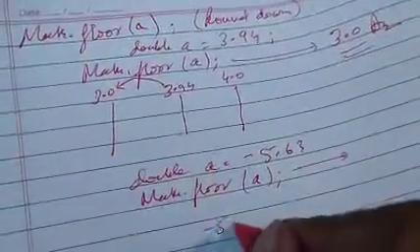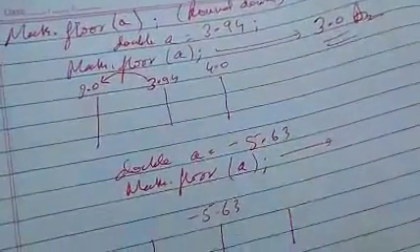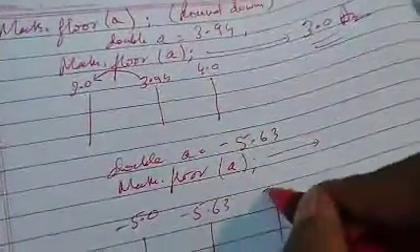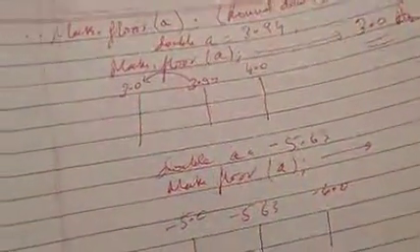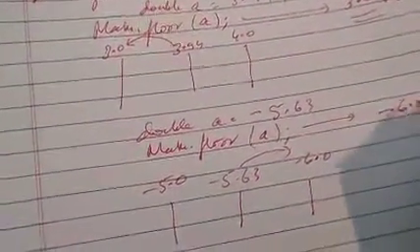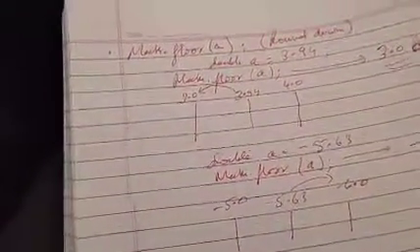This is how you're going to solve it, then it will be easy for you to understand. Minus 5.63 lies between minus 5.0 and minus 6.0. Which one is smaller? Obviously it is minus 6.0. Therefore the answer will be minus 6.0. So it doesn't perform approximation. Please remember this. Then we have the next one.